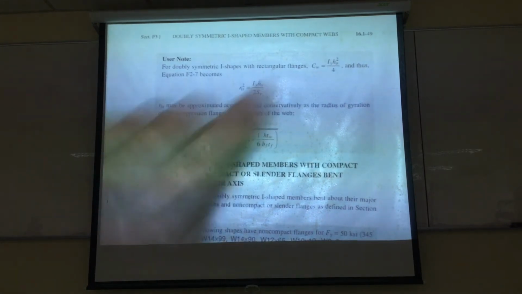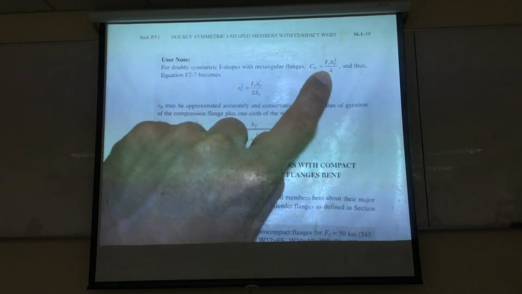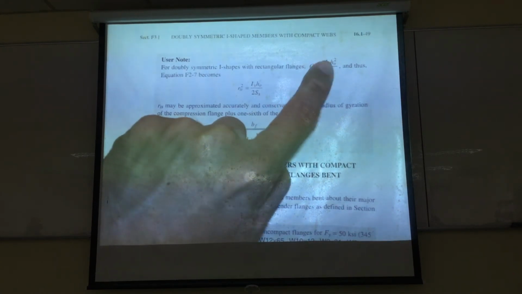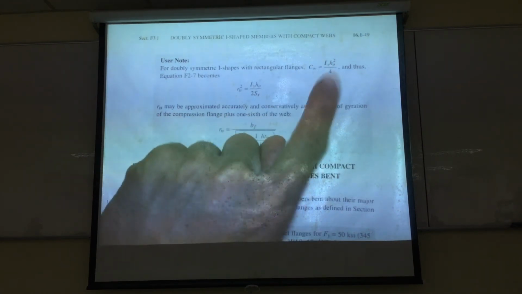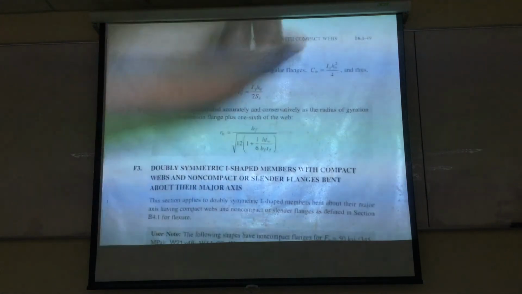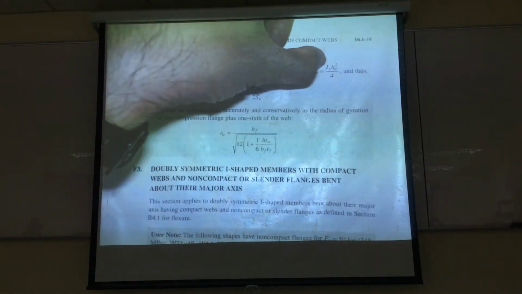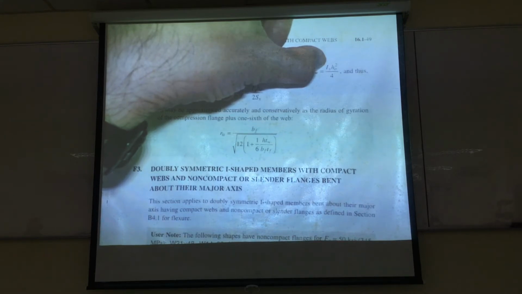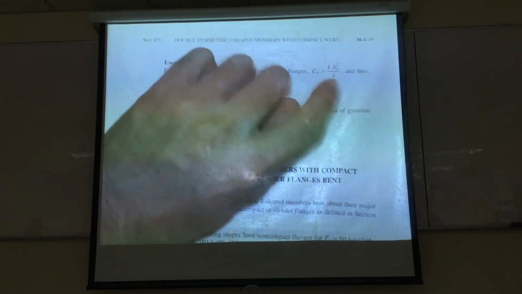I don't know, maybe they hide some figure 2 somewhere in there, the CW, because maybe IY for them is like 2 flanges, if I'm not wrong. It is 2 flanges if they have IYH square over 4.